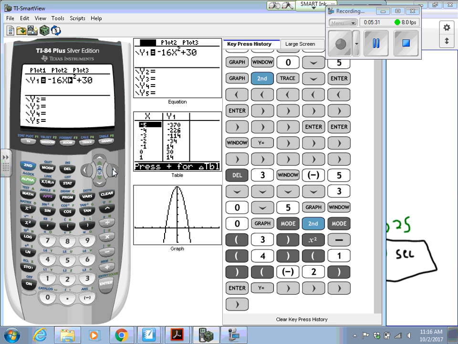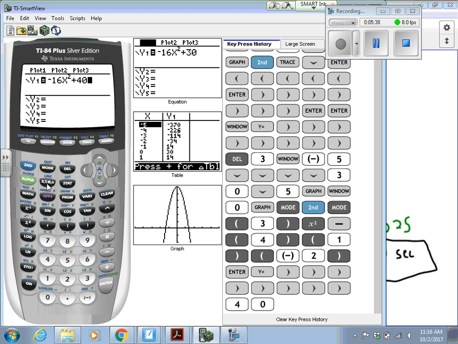Okay. So we still have the negative 16x squared, which is fine. Now our initial velocity is 40, and once again I need my x. And then we're going to have our plus 1 here.